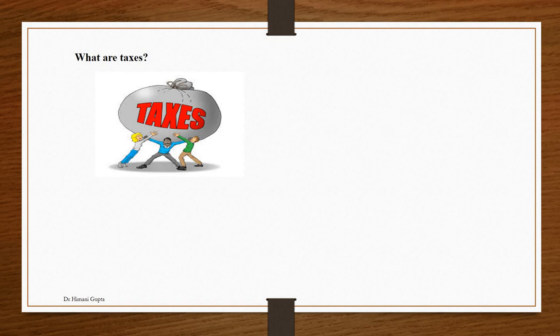So we can say that taxes are the source of revenue for the government. Government charges taxes from the general public, but all these taxes which are collected by the government are spent on the general public in the form of providing education, building roads, or giving health facilities.